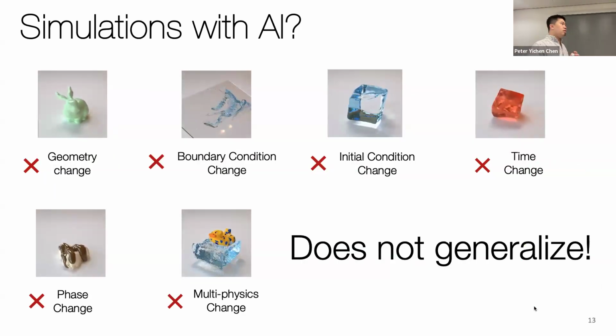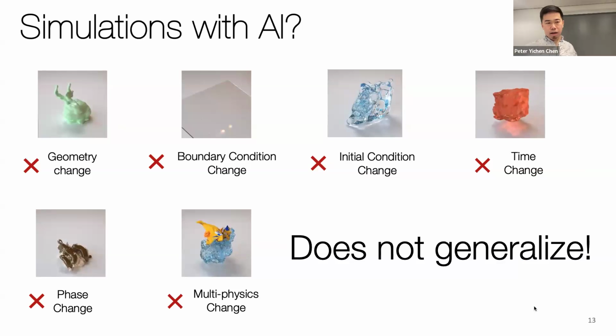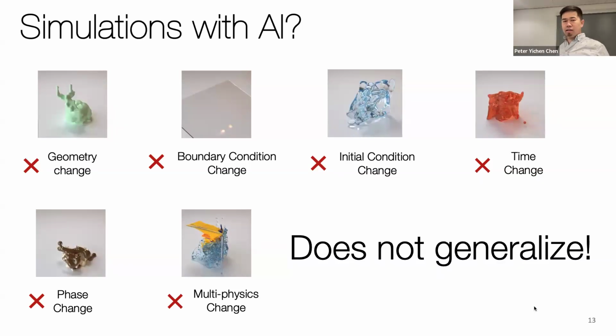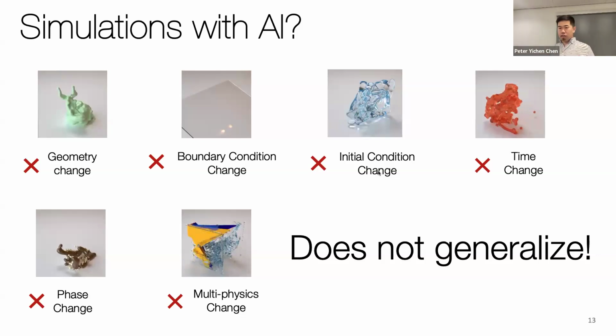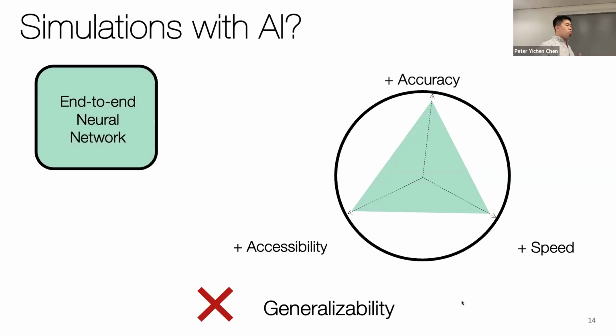So in fact, we realized after training on some data, it fails to generalize in lots of different cases, like boundary condition, initial condition, we're simulating longer time, we're doing more complex physics, multi-physics and phase change. So in other words, what we're observing is that very often with the end-to-end neural network approach, we run into these generalizability issues.